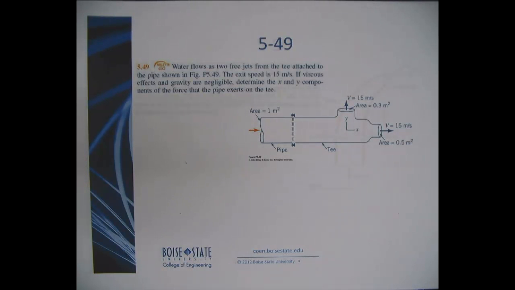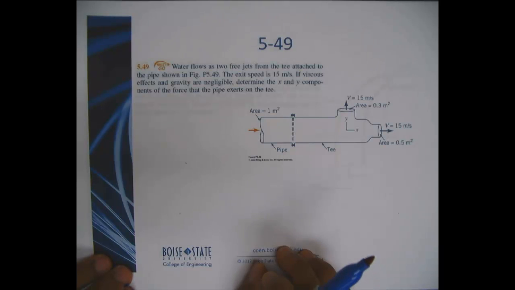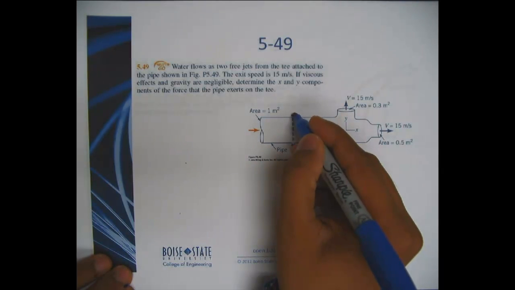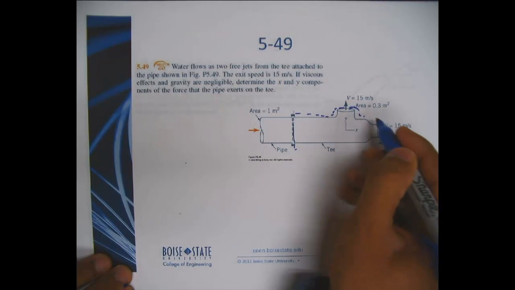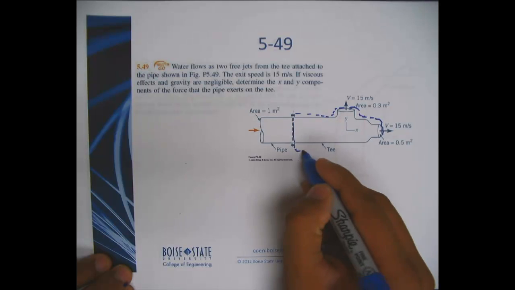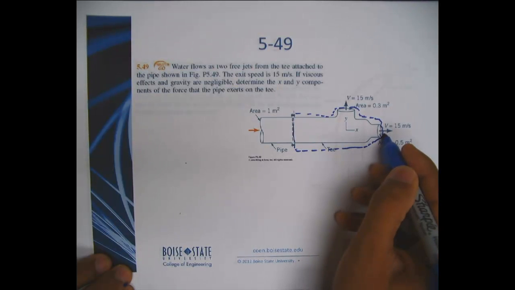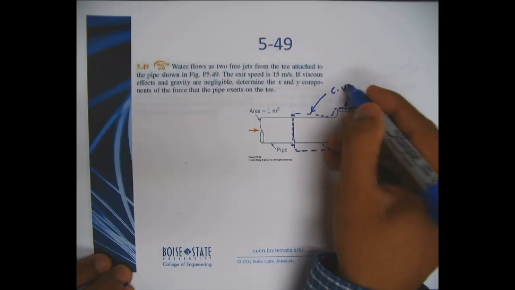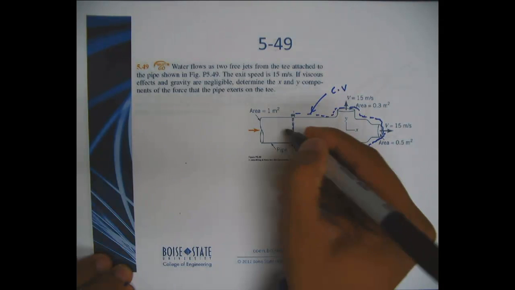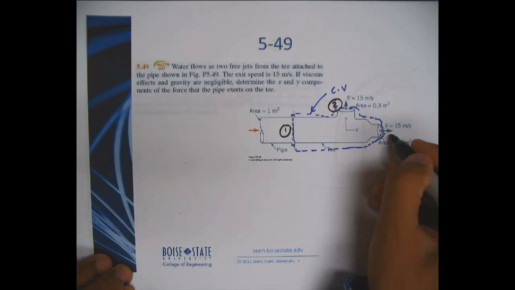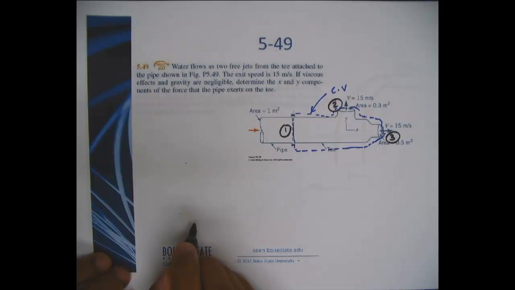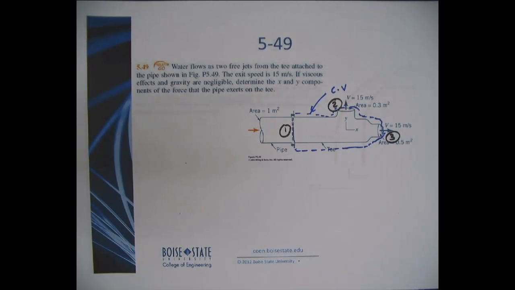As soon as I see that viscous effects are negligible, that tells me that I can probably apply the Bernoulli equation. First, let's identify a control volume just like this attached to this pipe. So this is my control volume.